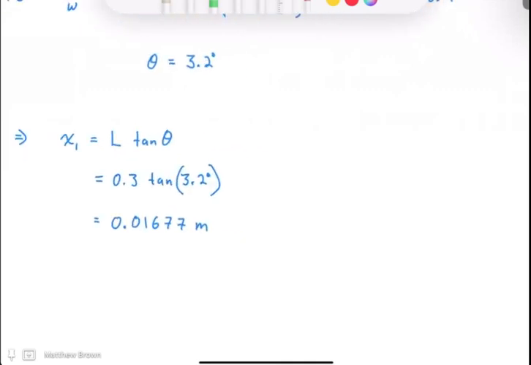So where I left off here, x total would just be double that, 2 times 0.01677, which you could write as 3.35 centimeters if we're just rounding, because this one here is in centimeters.